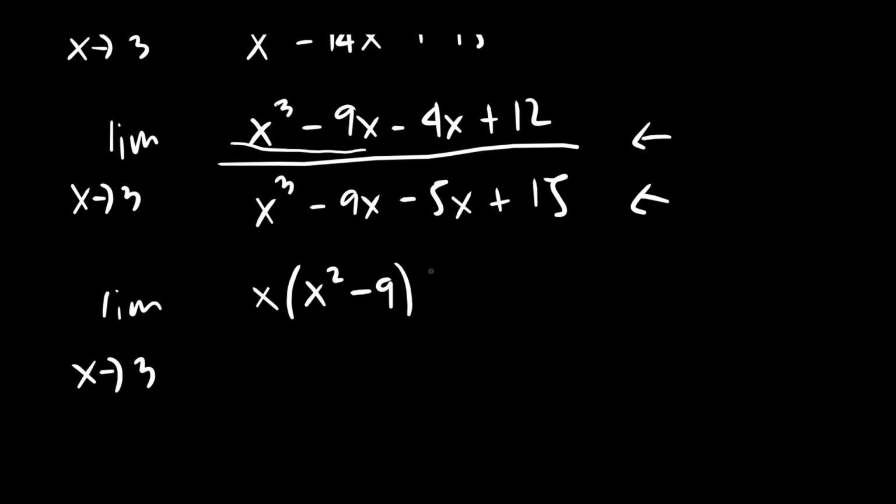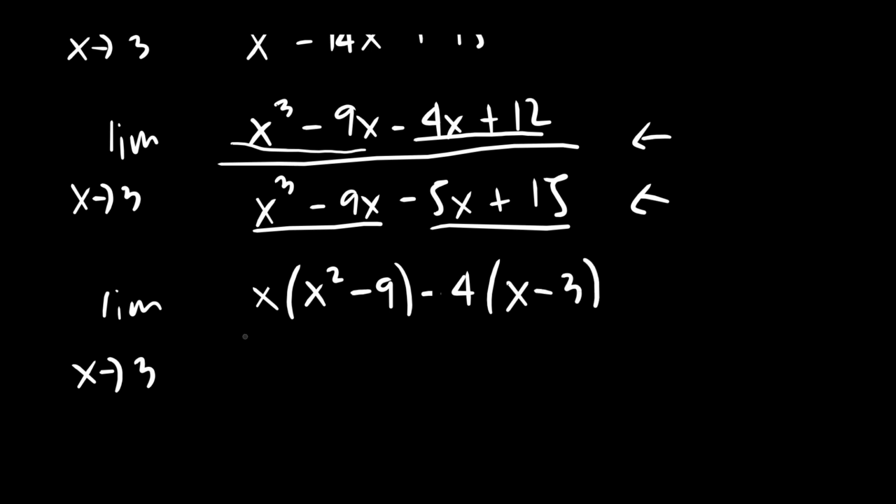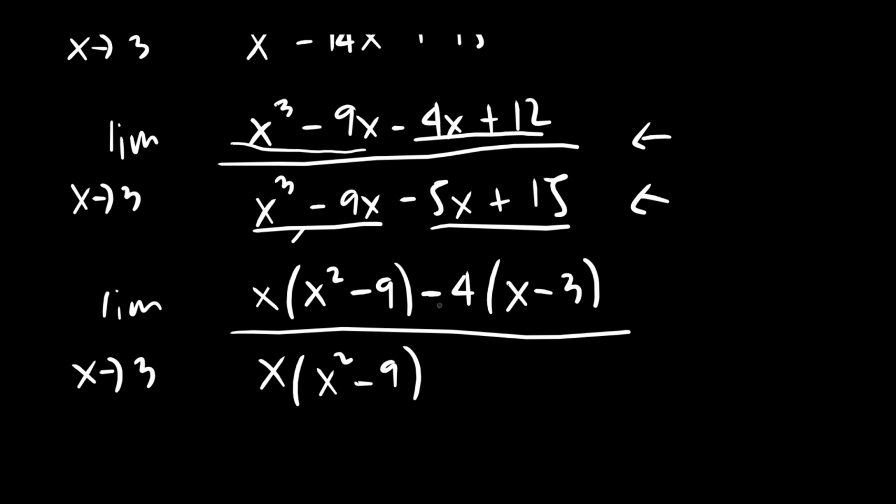Then we factor out this term also, minus 4 multiplied by x minus 3, since negative 4x divided by negative 4 is x, and 12 divided by negative 4 is negative 3. In the denominator, x multiplied by x squared minus 9, and minus 5 multiplied by x minus 3, since 15 divided by negative 5 is negative 3.